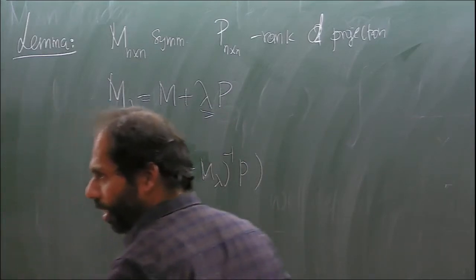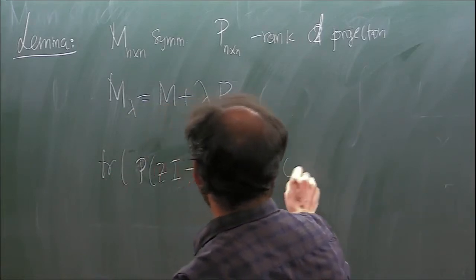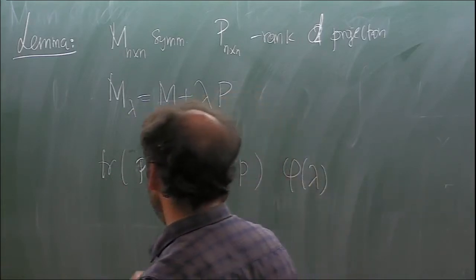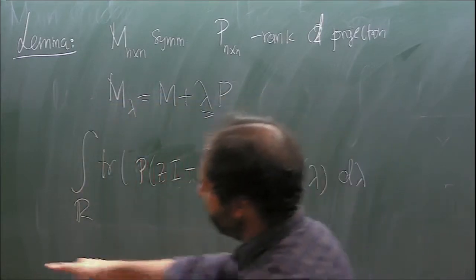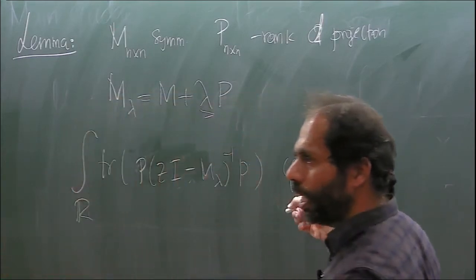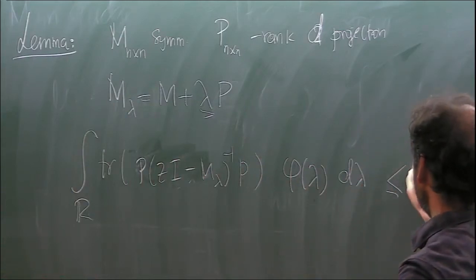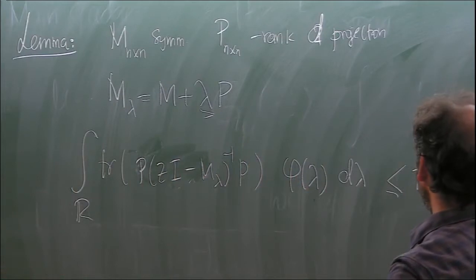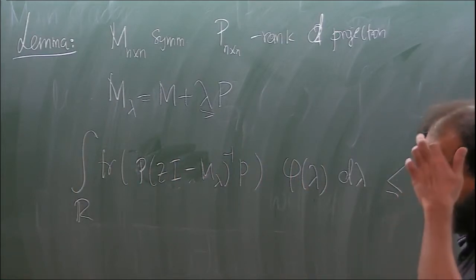So that's the averaging we have to do. If I integrate this with respect to, let's say, the Gaussian density, conditioning on the rest and averaging over just that lambda k variable, I get a quantity like this. The claim is this is bounded by pi times the sup norm of phi. This is the spectral averaging lemma.